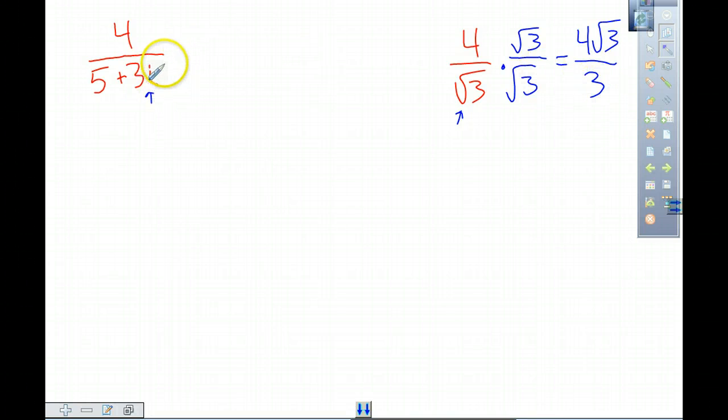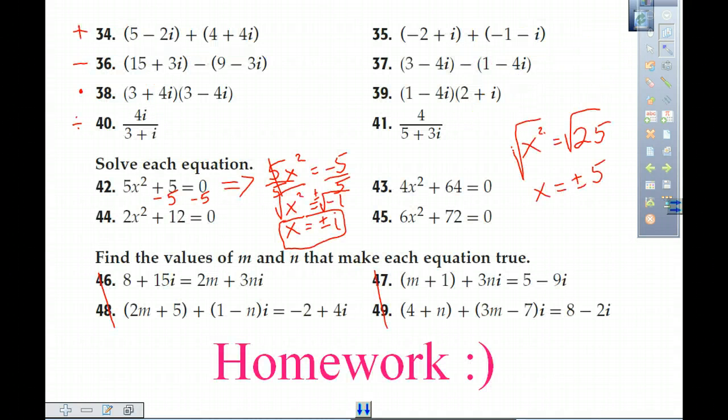We want to multiply this by something such that after we multiply them together, we don't have an imaginary number anymore. So the question is, what can I multiply this by so that the imaginaries cancel out? You can try to solve that on what we just did.